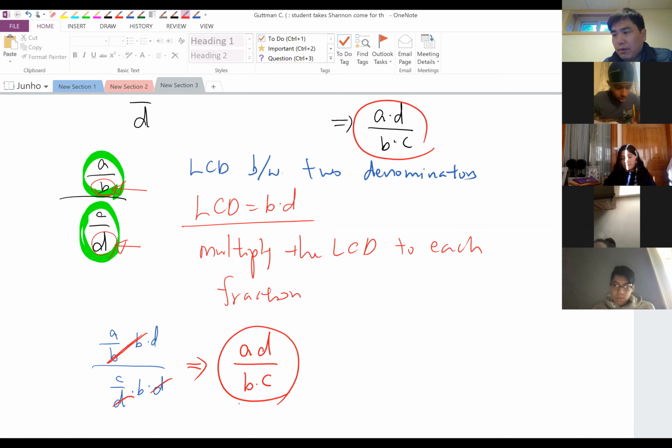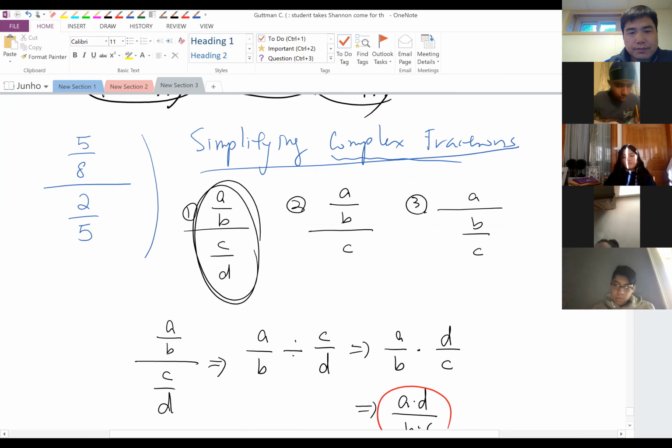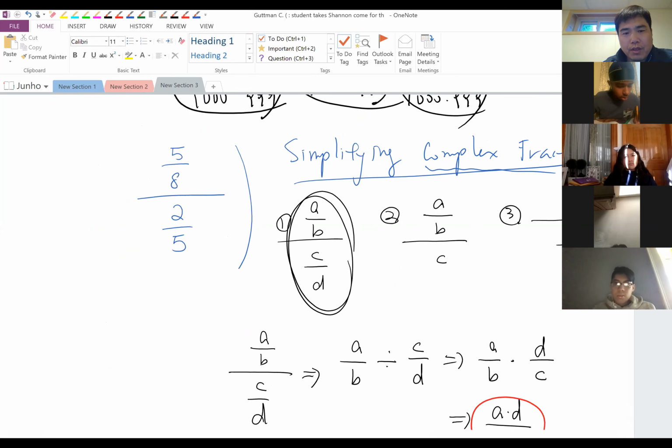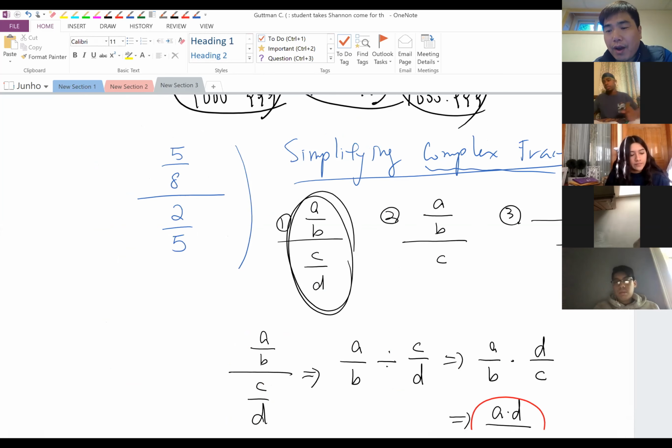Okay, so let's think about our question A here. What are the two denominators? 8 and 5, right?